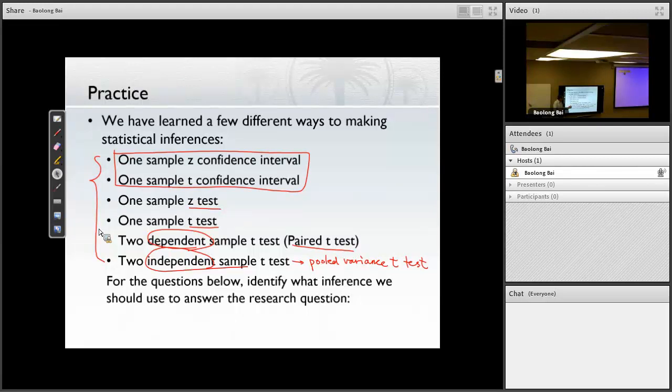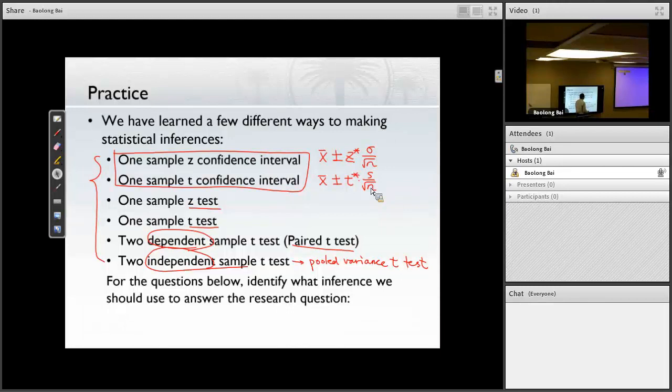If it's a confidence interval, use the confidence interval process, right? So for one-sample Z, x bar plus or minus z star times sigma over square root of n. If it is a one-sample T confidence interval, x bar plus or minus t star times s over square root of n, right? Everything else will be given.